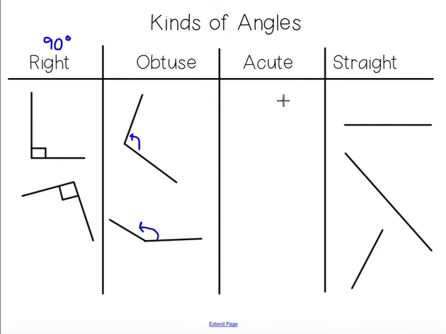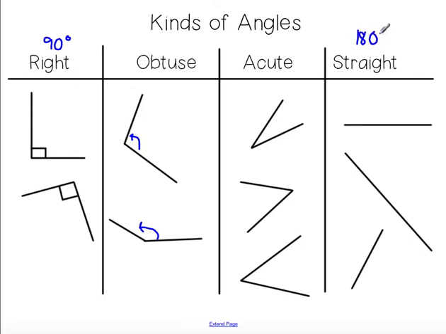Acute angles are less than 90 degrees. So any of those would count. So there are 3 different types of angles. So again, a straight angle is 180 degrees.